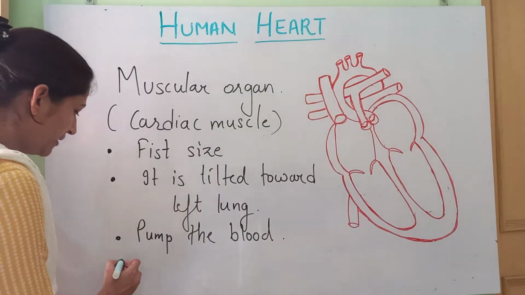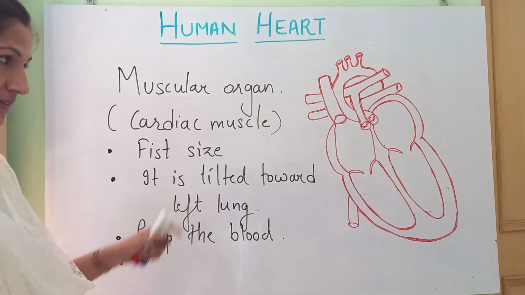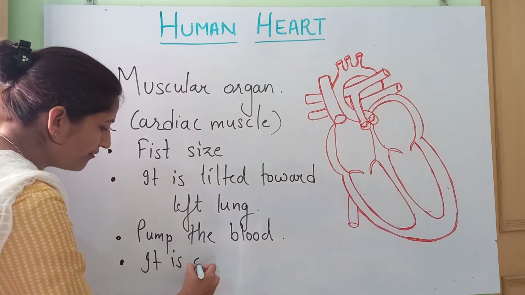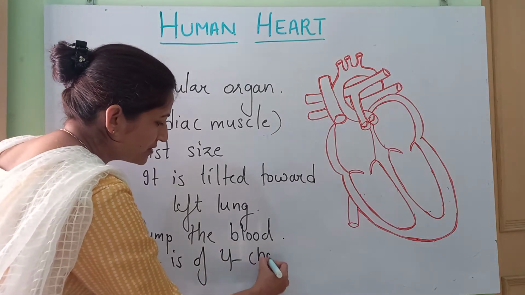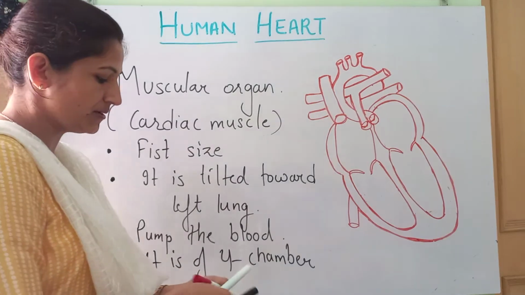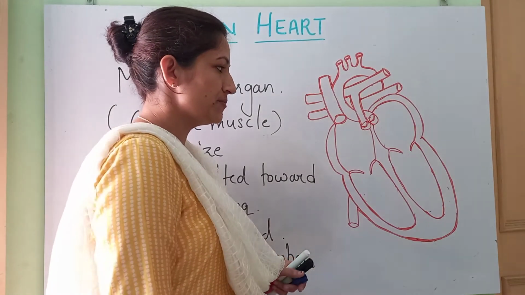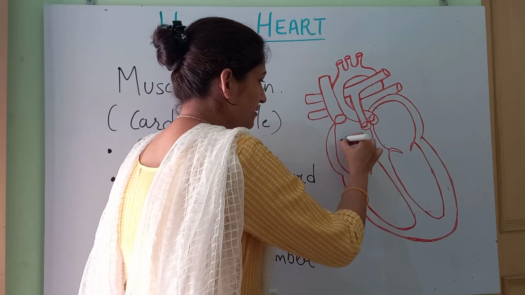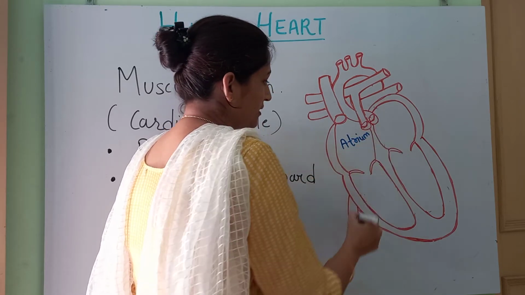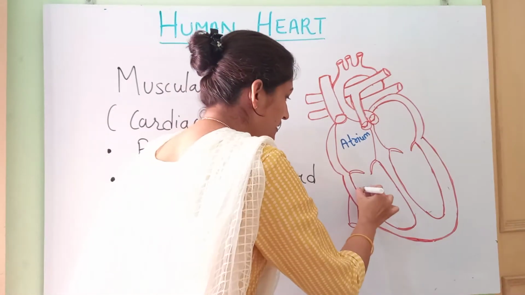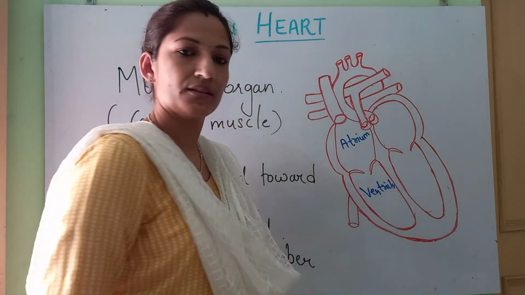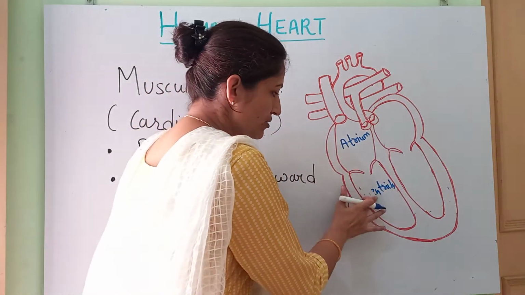Now the important thing about the human heart is that it has 4 chambers. As you can see, the human heart is made up of 4 chambers. The upper chambers are the atria. The lower chambers are the ventricles.